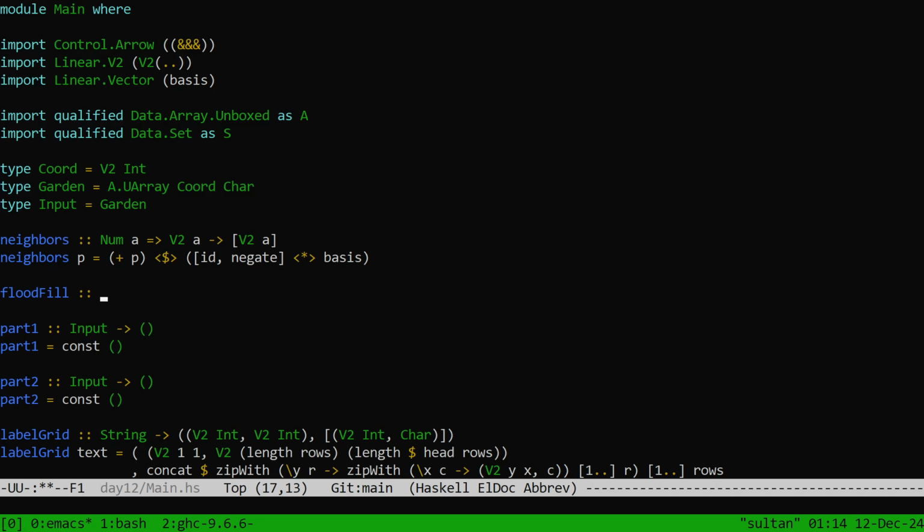So flood fill takes, actually it does need at least Ord, doesn't it? Ord n for the node type, because it has to maintain a set of all the nodes it's visited. It takes a function from n to list of n.